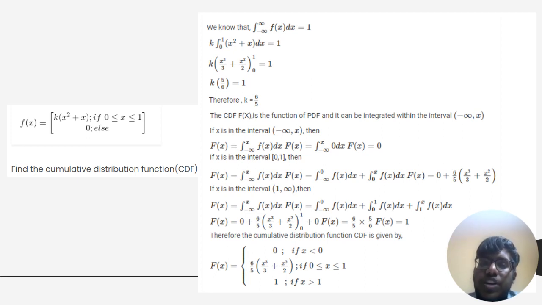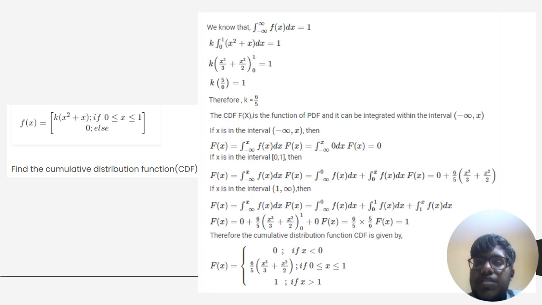In this question, we need to find k so that the given function k(x squared plus x) is a valid density in the interval 0 to 1. As we know, the integral from minus infinity to infinity of f(x) dx is equal to 1. By integration, we find that k(x cubed by 3 plus x squared by 2) with limits 1 and 0 is equal to 1. Therefore, k times 5 by 6 is equal to 1, and therefore k is equal to 6 by 5.